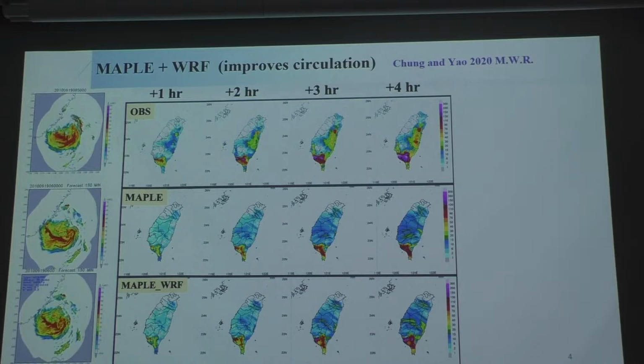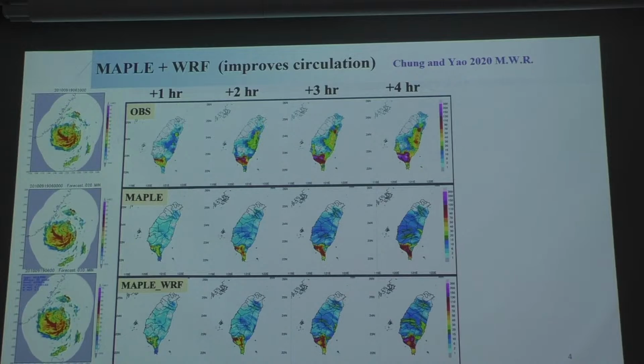But that kind of hybrid or merge highly depends on how good your numerical weather prediction is at forecasting the QPF. Sometimes when it is good, you can combine these two techniques together to prolong your nowcasting time.